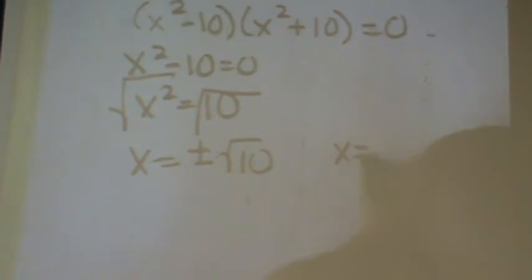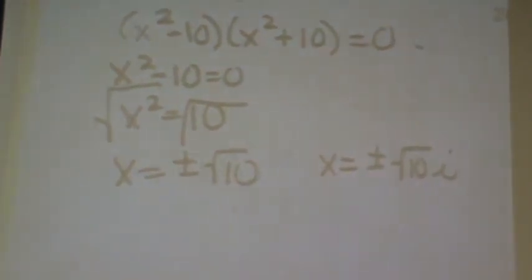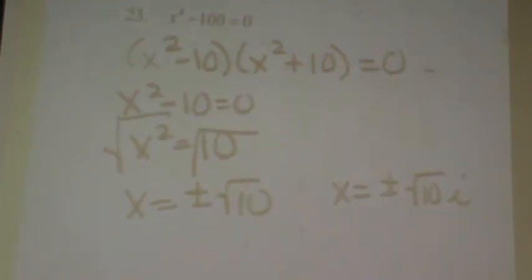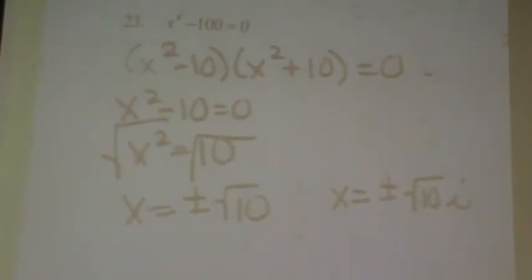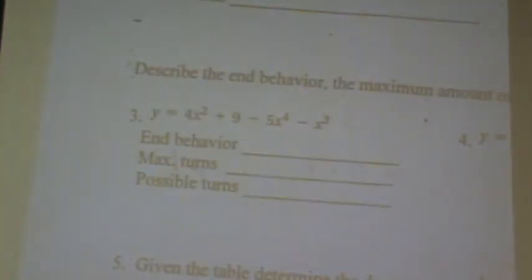You get x is equal to plus or minus root 10. And this one's going to end up being what? Good, root 10 i. And I'm not going to do the last one because I want to do the story problem one. And that's about all the time we're going to have.